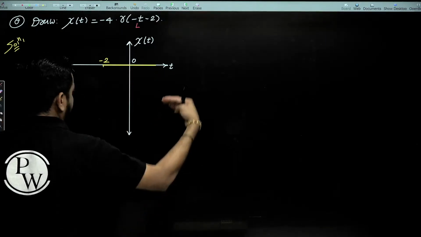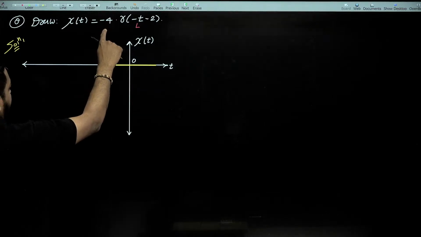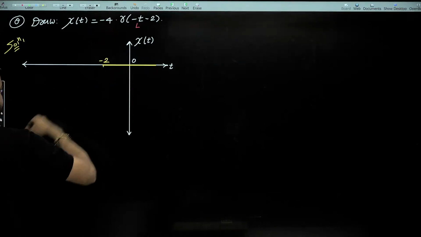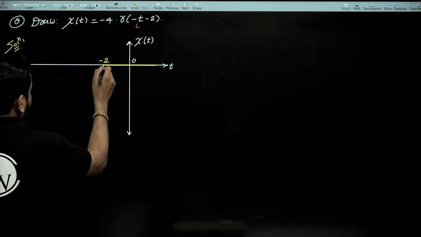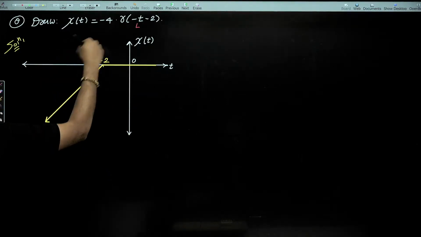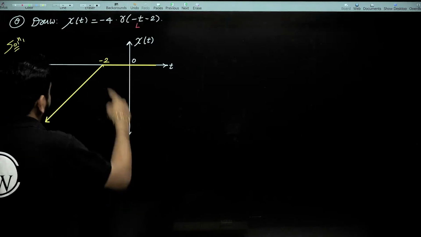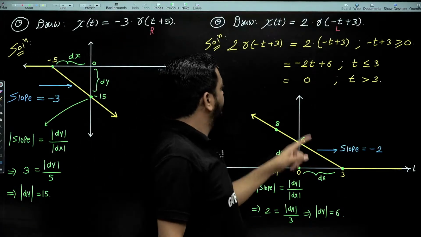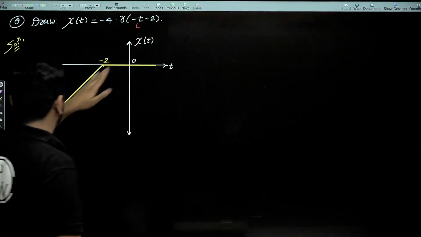Now, left side decreasing or increasing? You can see minus 4 is there, so that's why the left side is a decreasing function. Moving towards the left side, it is decreasing, because of minus 4. Here this is plus 2, that's why left side increasing, and here this is minus 4, that's why decreasing.